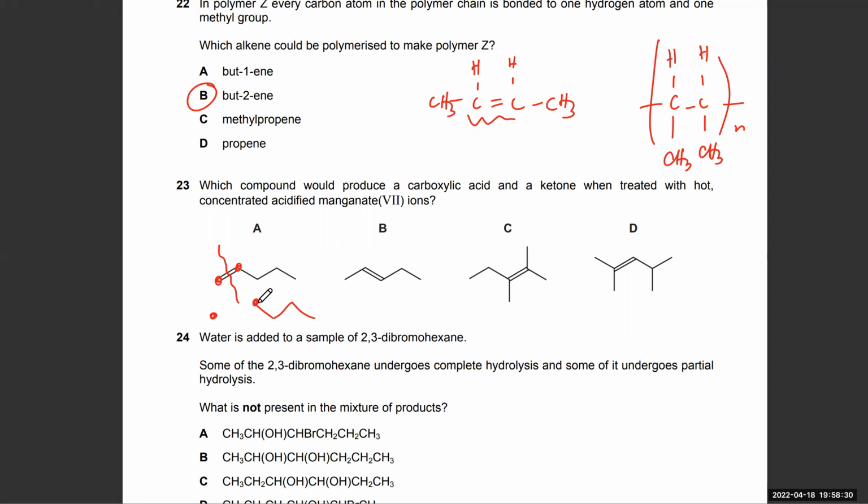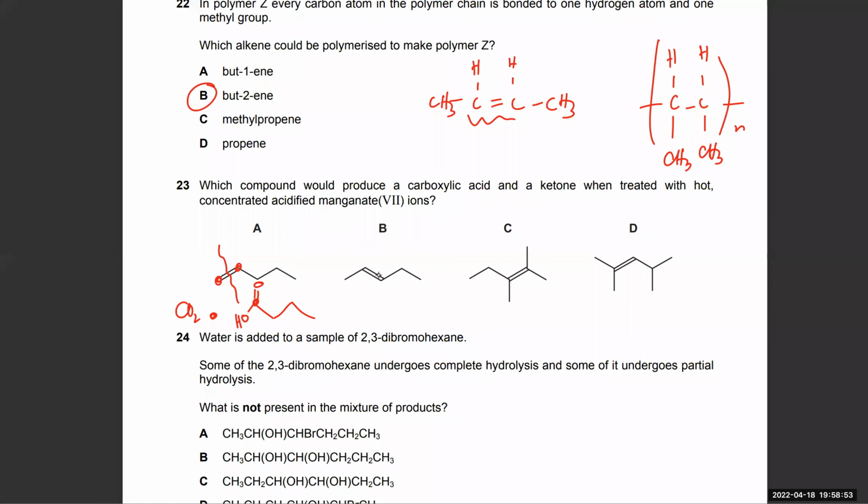Carbon dioxide and acid. Okay, so if it's got 1 carbon chain, it turns into a carboxylic acid. And if it's got no carbon chains attached to it, the double bonded carbon atom, that will turn into a carbon dioxide molecule. So over here, he was looking for a ketone and a carboxylic acid. We got a carbon dioxide and a carboxylic acid.